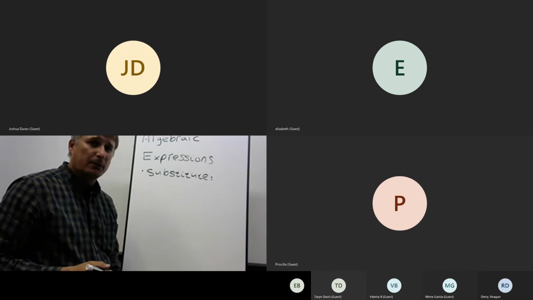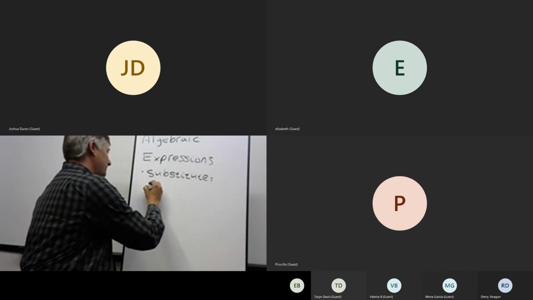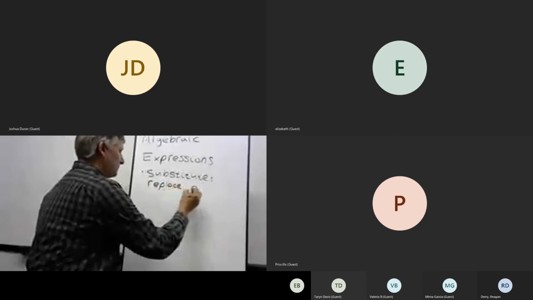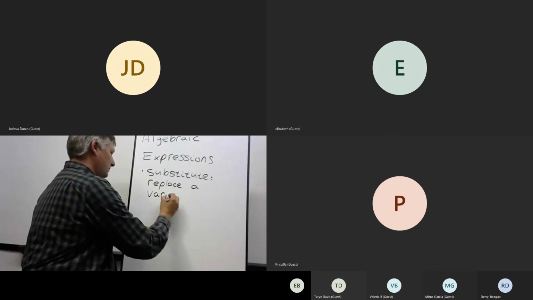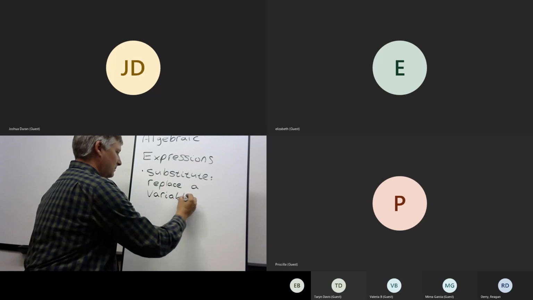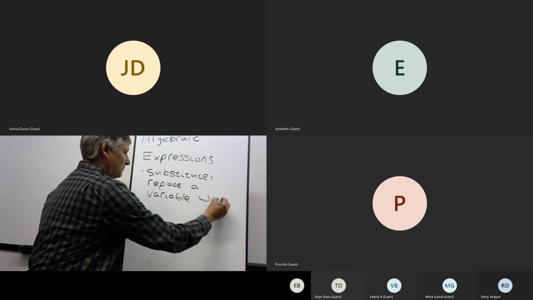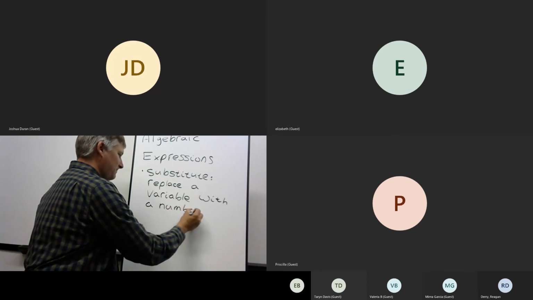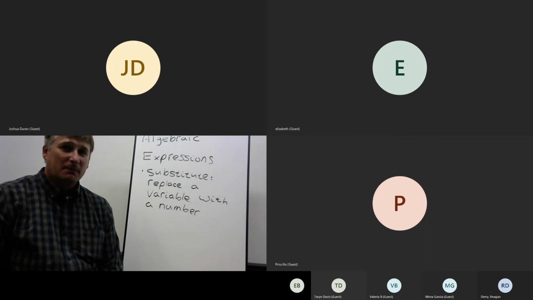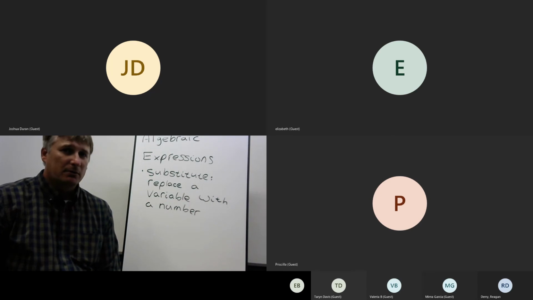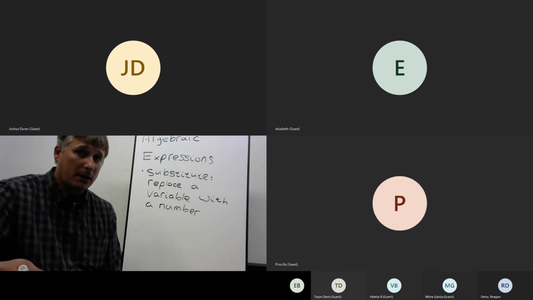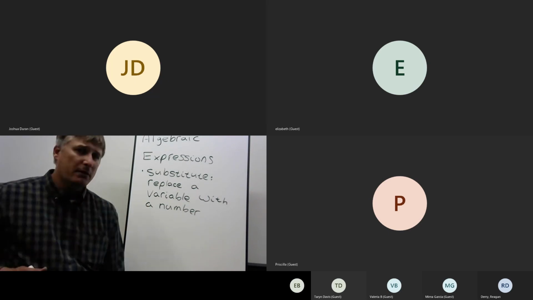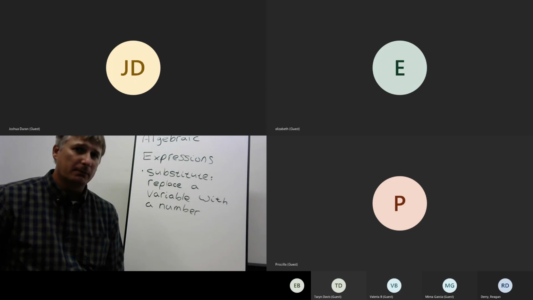We're going to replace a variable with a number. Now, when we do this replacement, we're not just going to replace the variable one time. If the variable appears in many other places, everywhere we see that variable, we're going to replace it with that number.